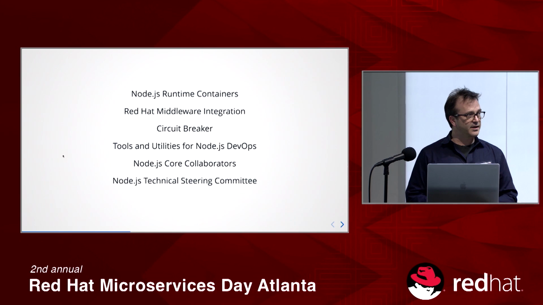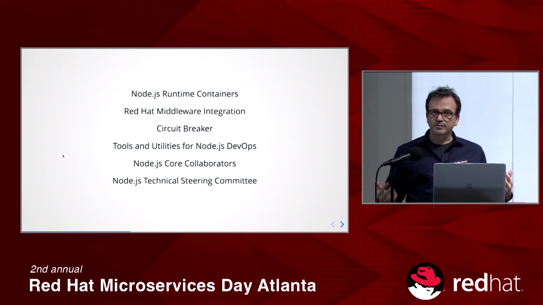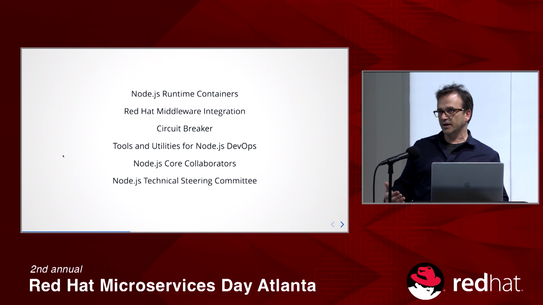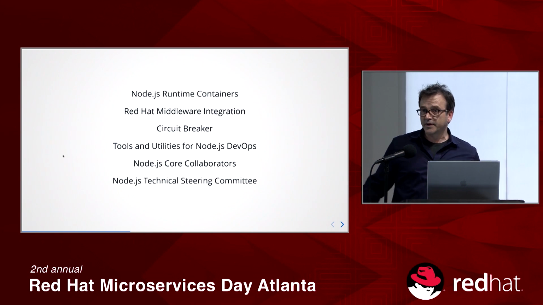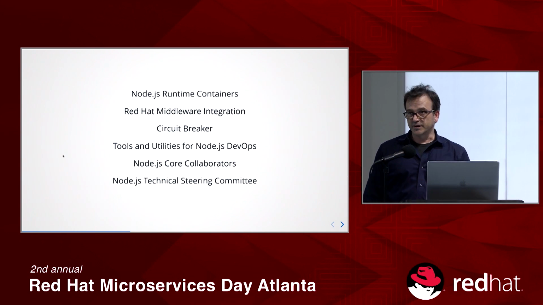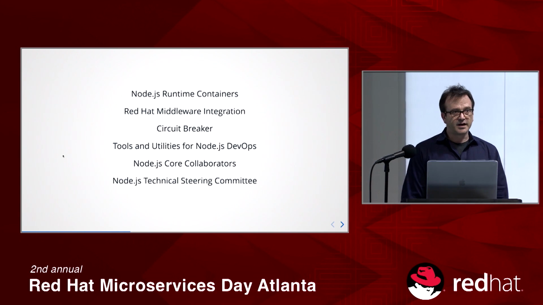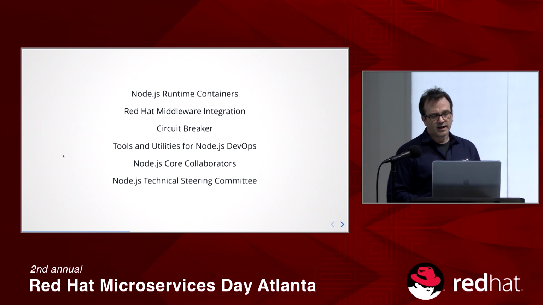I'll show you what that looks like in JavaScript as well. We also do some tools and utilities for DevOps because getting these applications, whether they're Java or JavaScript or Ruby or whatever, into a cloud-based container-like environment can sometimes be difficult and time-consuming, so we put together some tools for that.